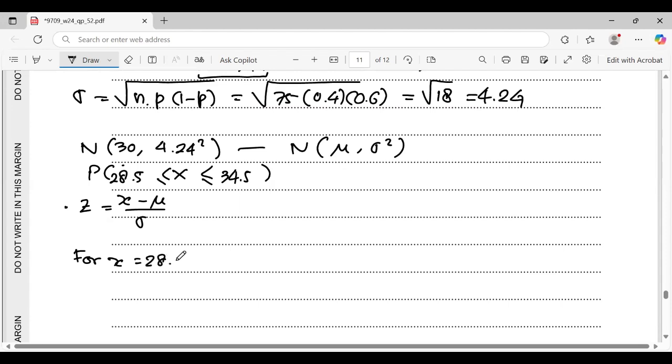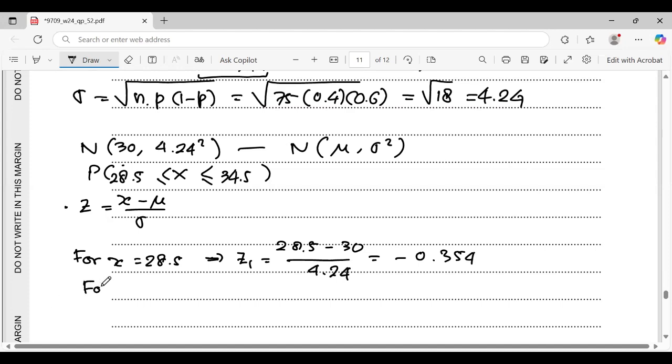So for x equal 28.5, z1 equals 28.5 minus 30 divided by 4.24. And if you calculate, this is minus 0.354.